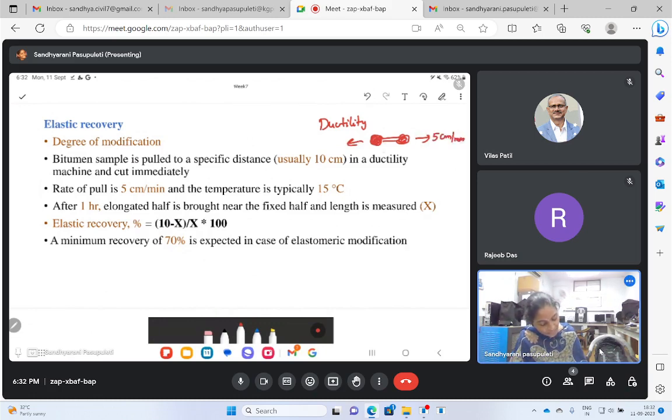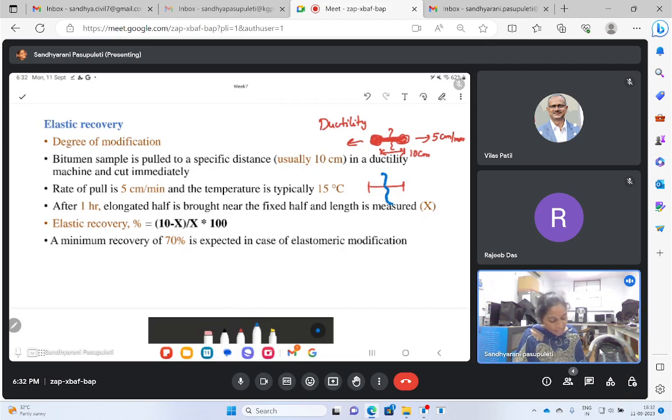We see that this bitumen keeps on stretching and it will break at some time. That is the ductility test. Here in the elastic recovery test, exactly in the same way, we try to stretch this bitumen to a distance of 10 centimeters.